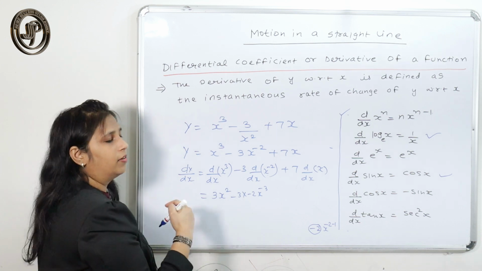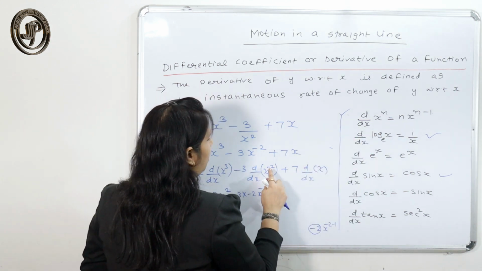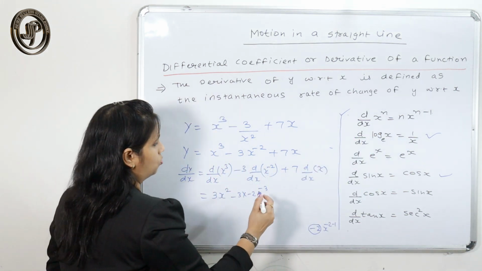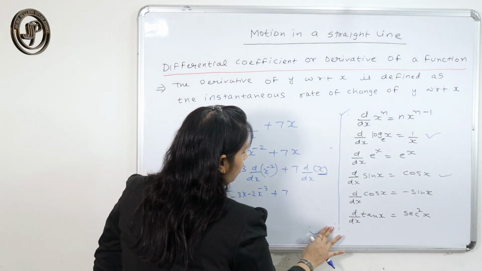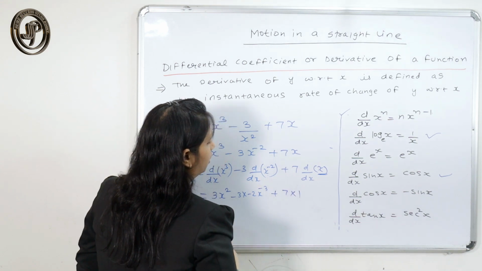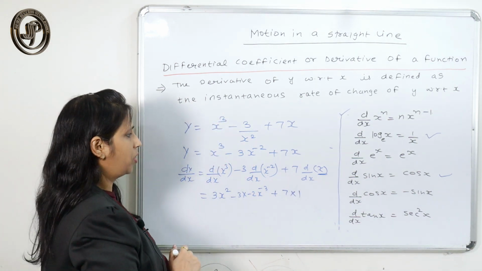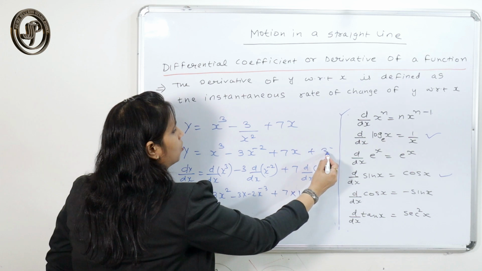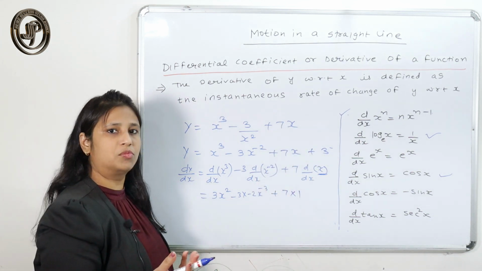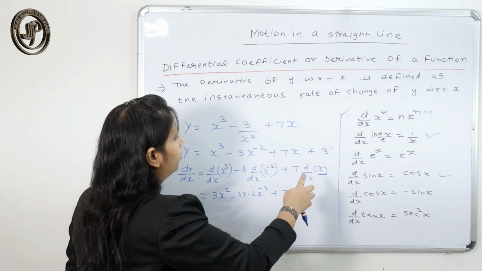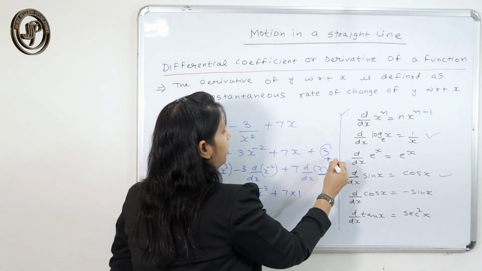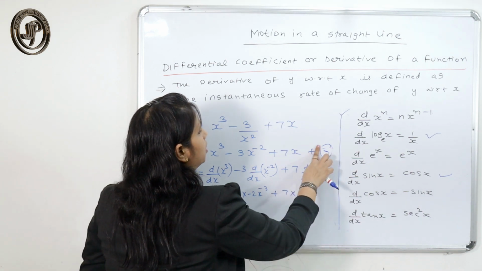This is the derivative when you apply the formula with n as minus 2. Plus 7 times the derivative of x, which has power 1, becomes 1 only. And if a constant were there, the derivative becomes 0, because you just have 3 into d by dx of 0. So whenever a constant term comes, its derivative becomes 0.